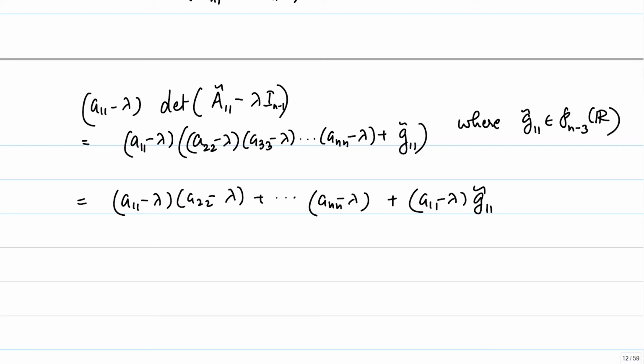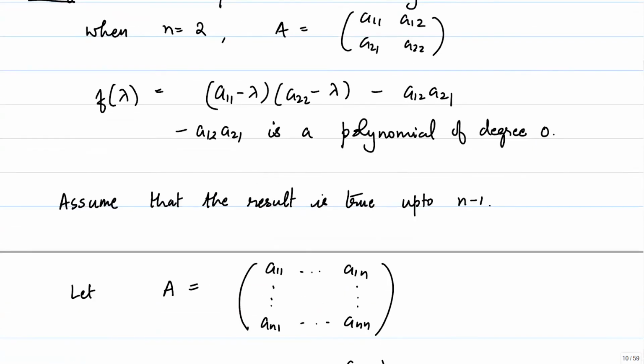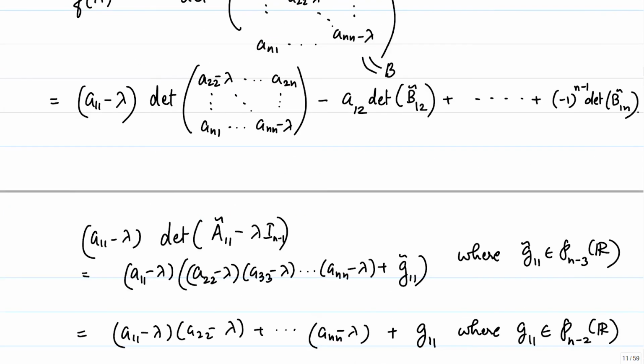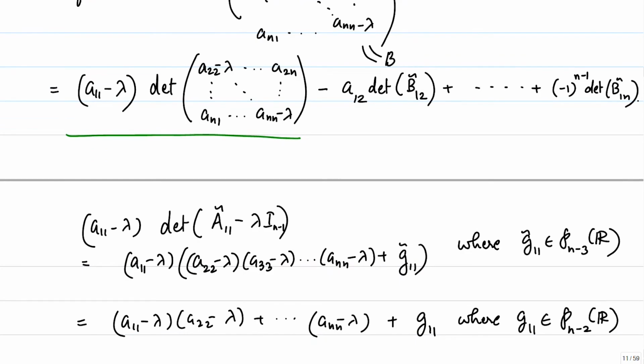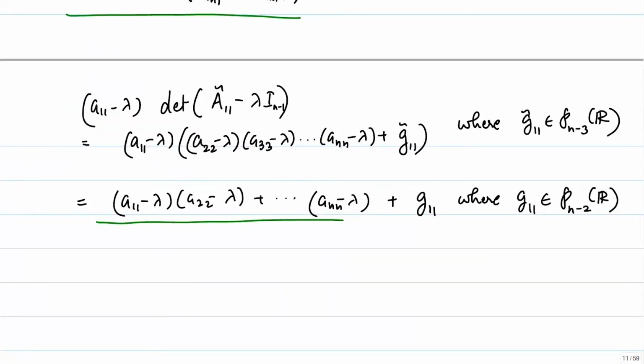If you multiply it by a degree 1 polynomial, this will just turn out to be equal to, let me just write it as G11, where G11 is (A11 minus lambda) into G11 tilde, which is now in P n minus 2 of R. So the first expression here, which I am underlining now in green, is going to look like this.